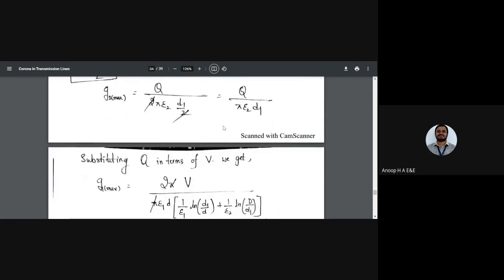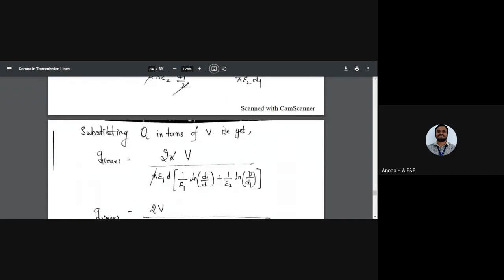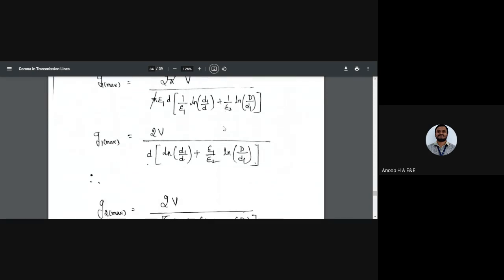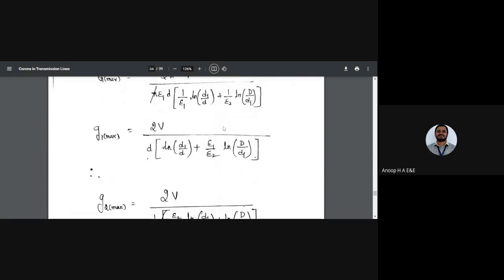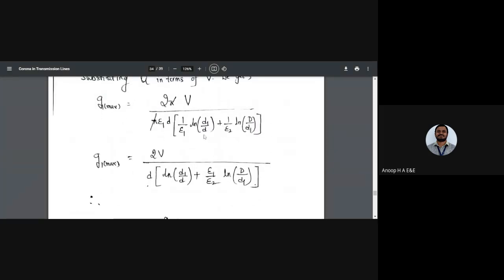Okay, so we are substituting Q in terms of V to get G1 max and G2 max in terms of permittivities and also the voltage term and diameter term. So we are going to get G1 max equal to 2V divided by small d times ln of d1 by d plus epsilon 1 divided by epsilon 2 ln of capital D by d1.